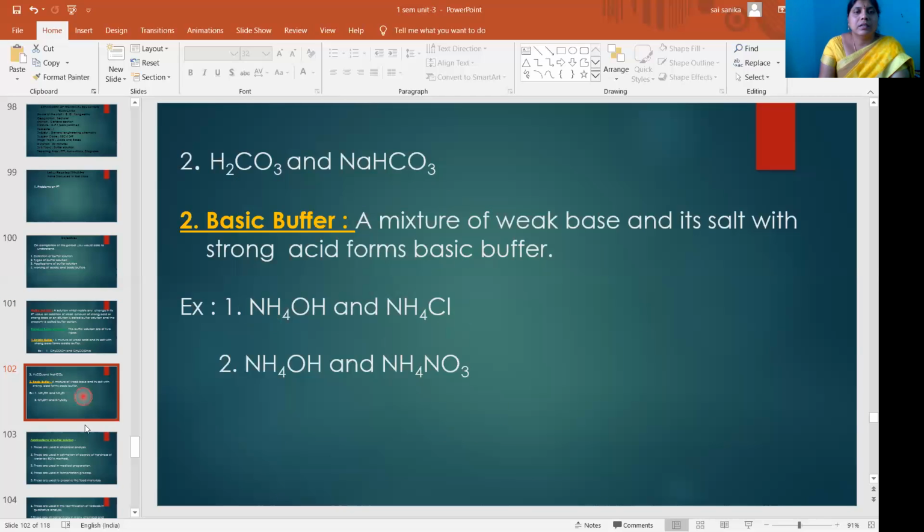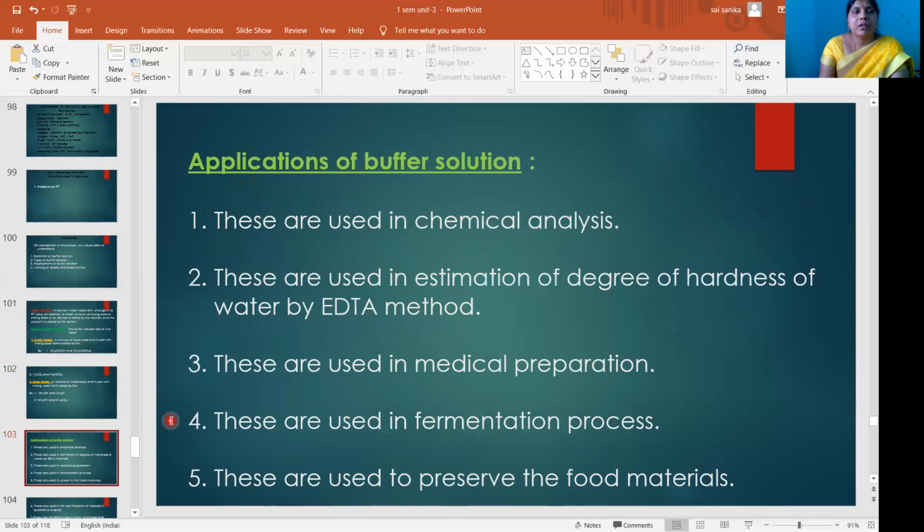Next, come to the applications of buffer solutions. Applications means uses: where these buffer solutions are used. The first one, these are used in chemical analysis. Analyzing means finding out.